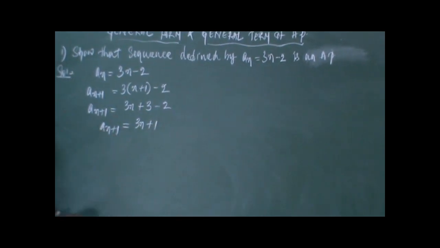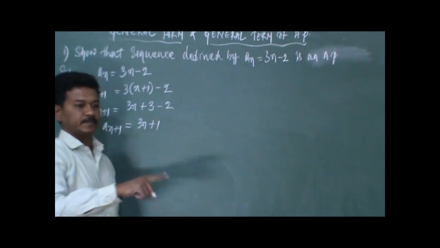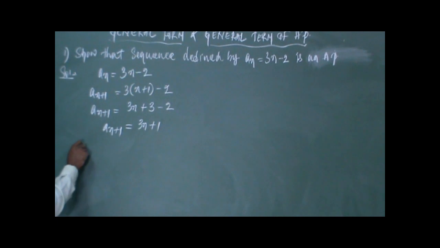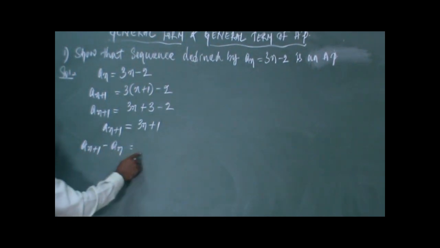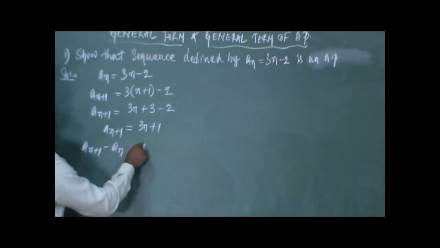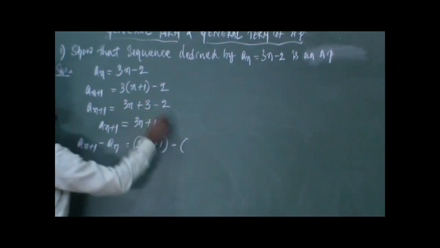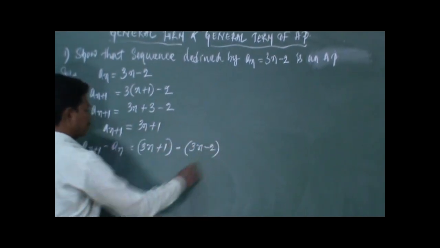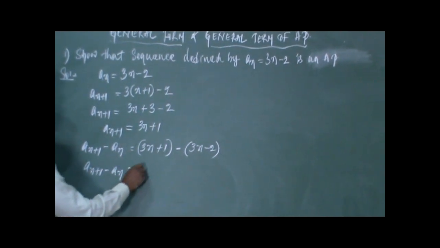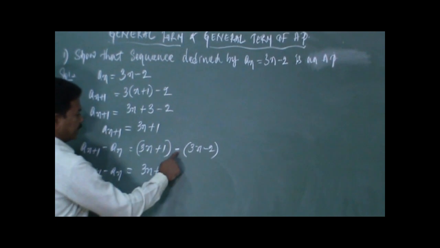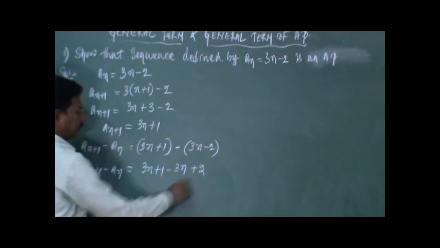Now, in order to find d, usually we take a(n+1) minus a(n). So a(n+1) minus a(n) is nothing but d. The a(n+1) value is 3n + 1 minus the nth term, that is 3n minus 2. So a(n+1) minus a(n) is equal to 3n + 1, minus into plus 3n is minus 3n, minus into minus 2 is plus 2.